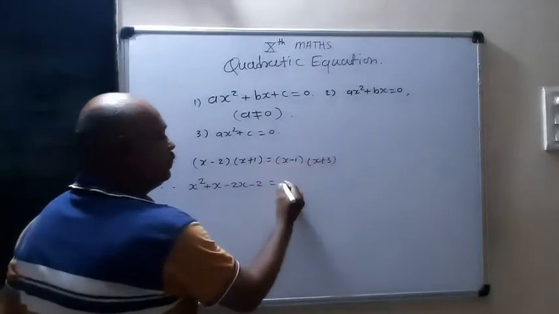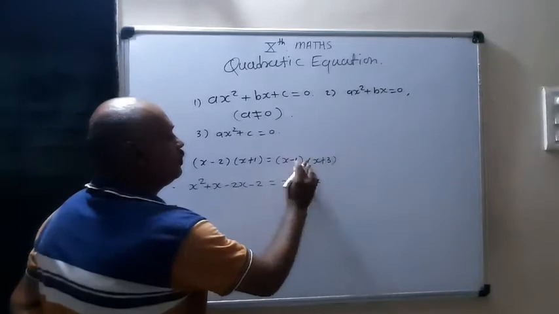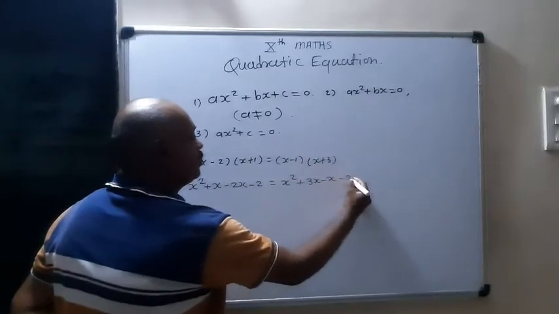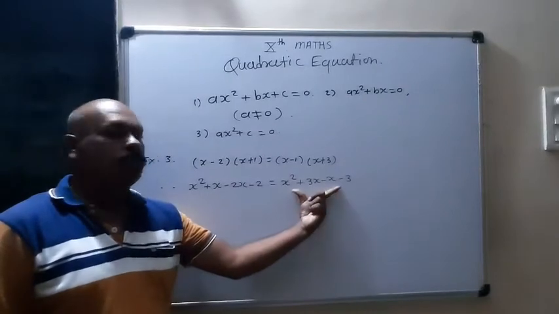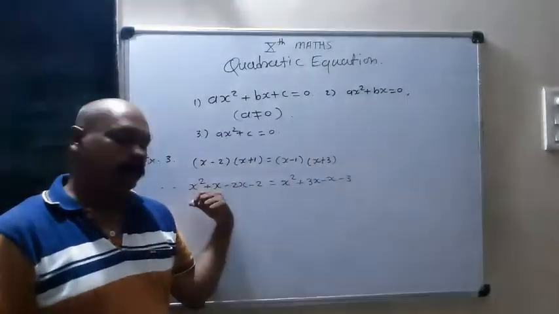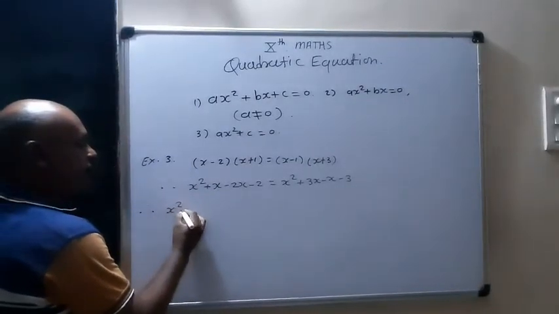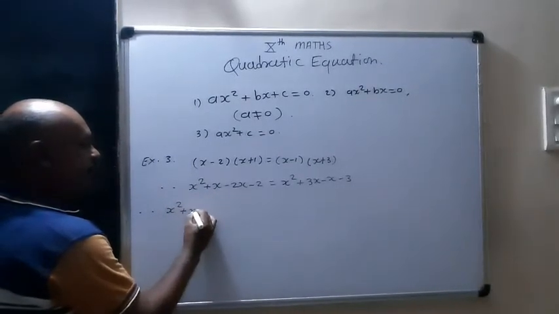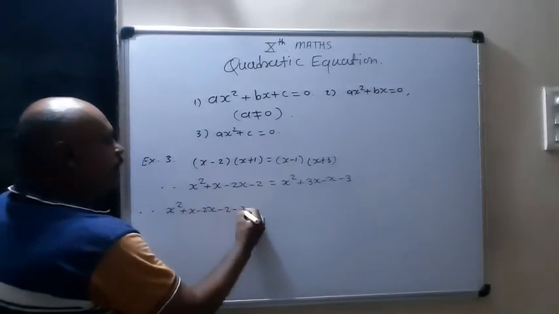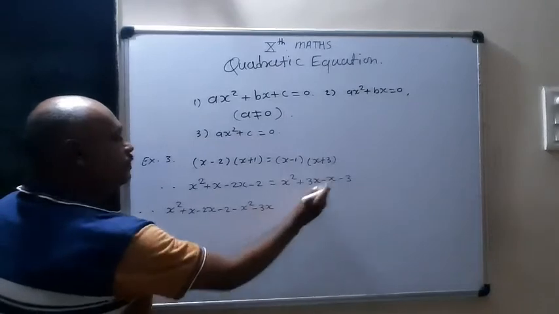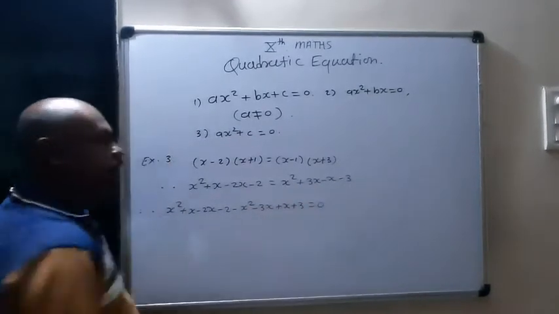Then x into x, again x square, x into 3, 3x, minus x minus 3. By transposing all the terms of the right side to the left side, x square plus x minus 2x minus 2 minus x square minus 3x plus x plus 3 equal to 0.